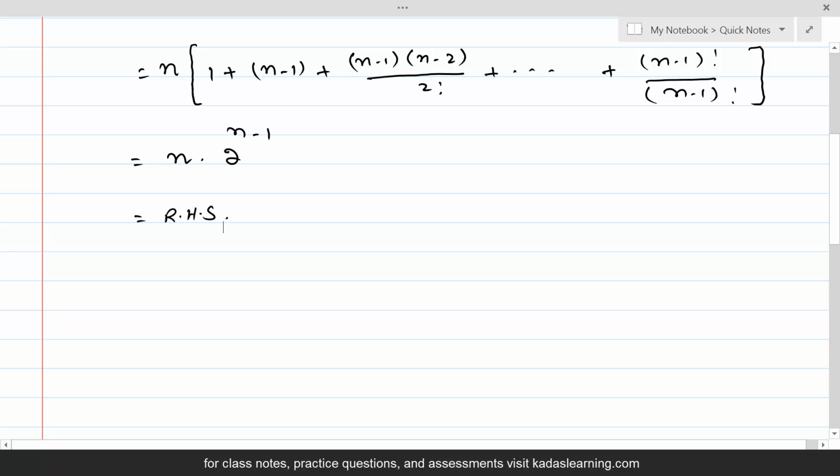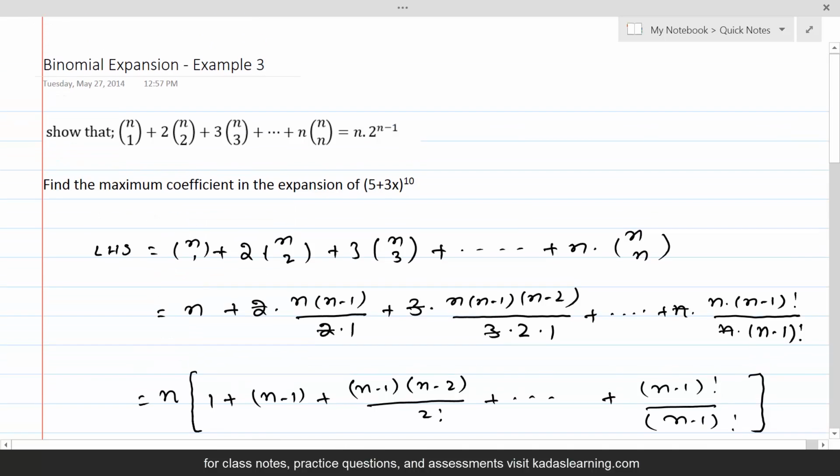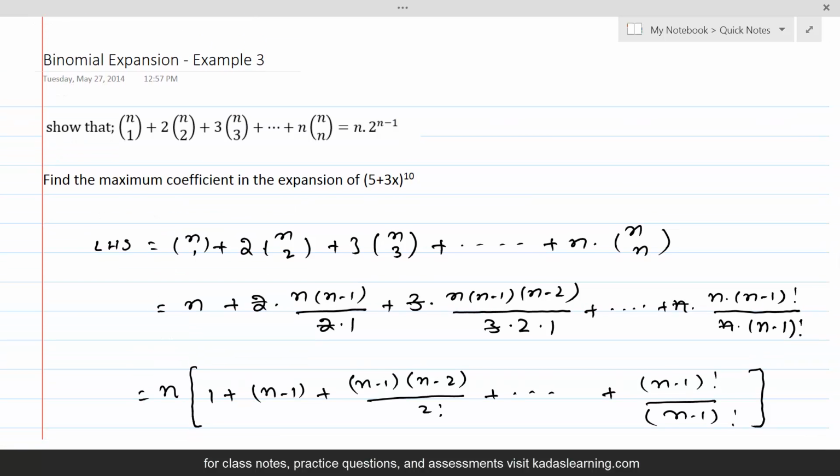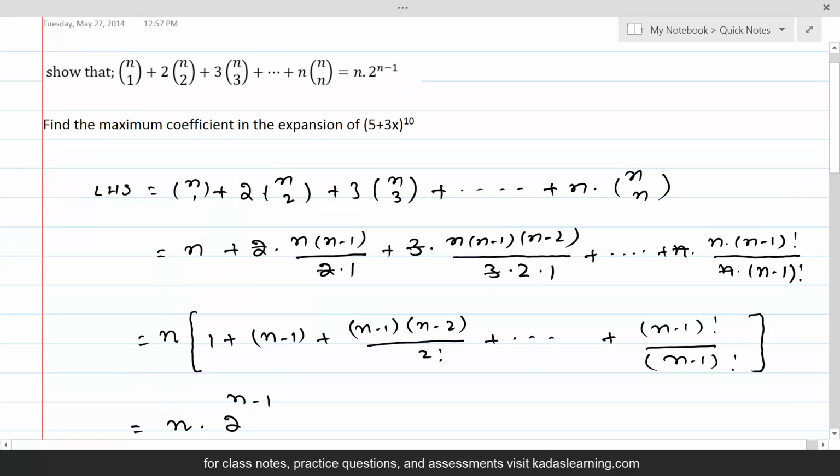Now for the next question, what we wanted to show is: find the maximum coefficient in the expansion of (5 plus 3x) power 10.